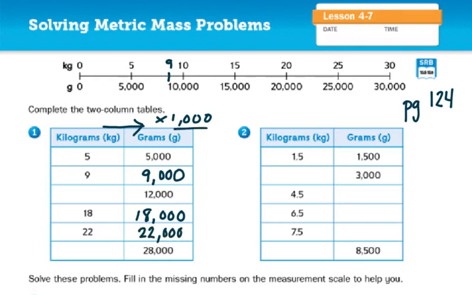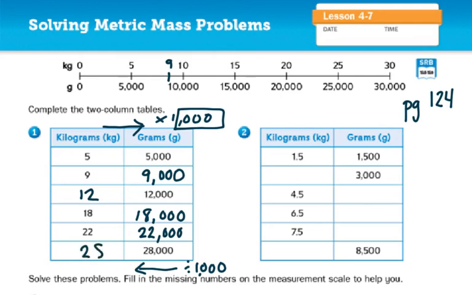Notice that when you multiply by 1,000, all you are doing is adding 3 zeros on. So if I'm going to move the opposite direction, I'm going to divide by 1,000 or take off 3 zeros, just like I added 3 zeros on. So going back to 12,000 grams, that would be 12 kilograms. If I have 28,000 grams, I'm going to remove 3 zeros or divide by 1,000.